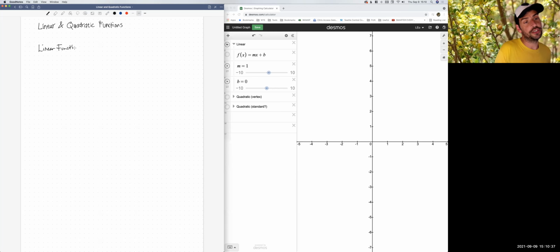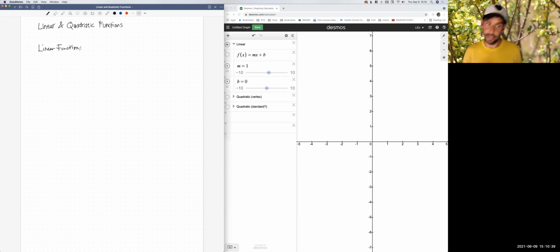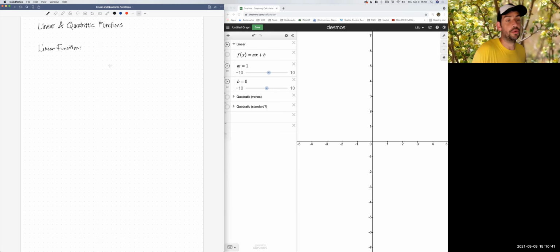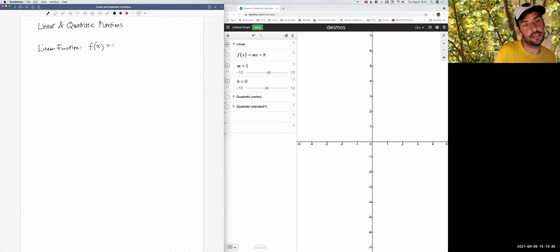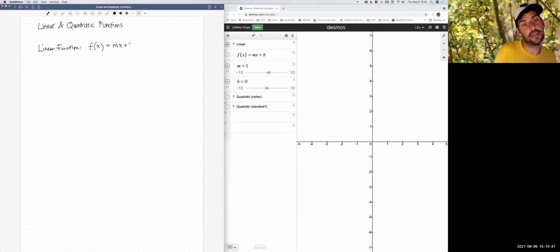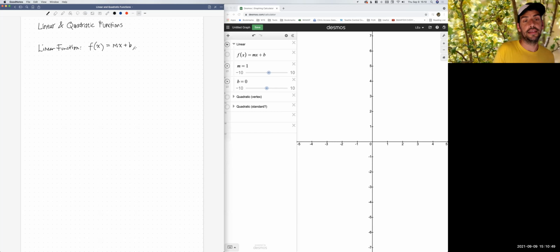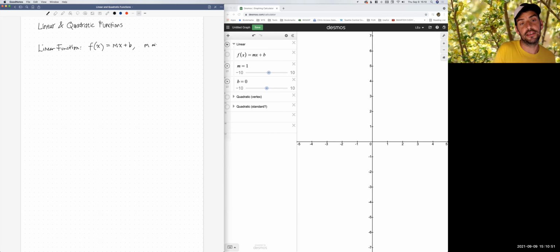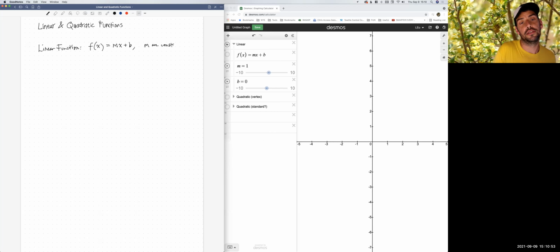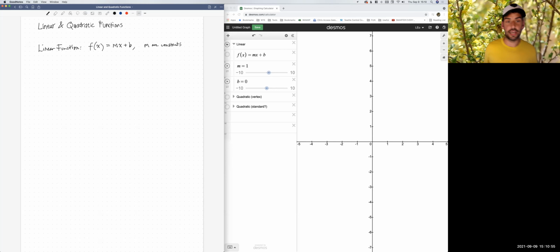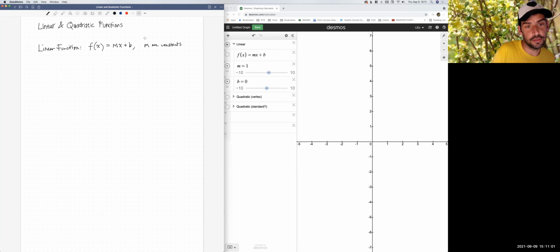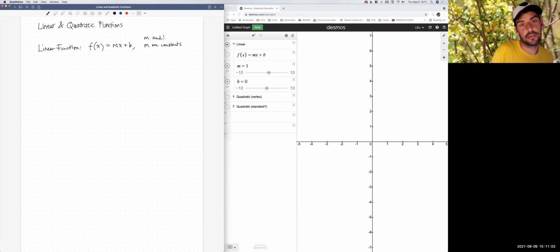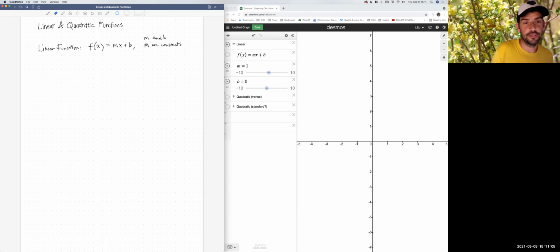A linear function is a function of the form f of x equals mx plus b, where m and b are constants.